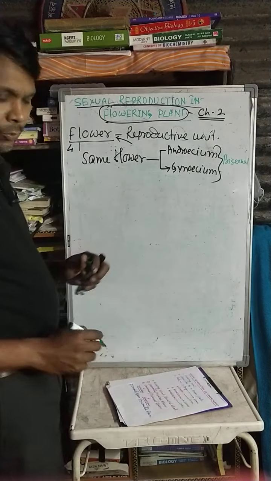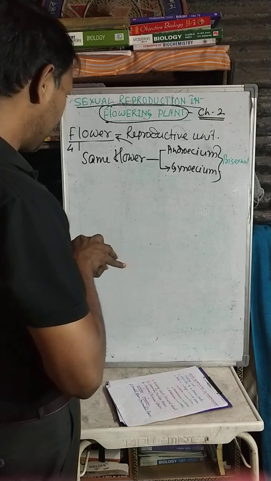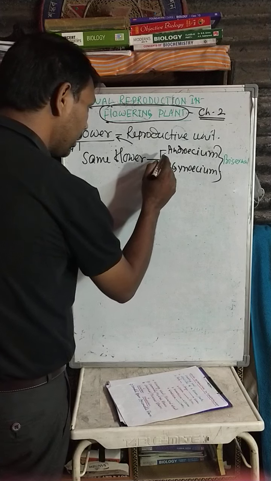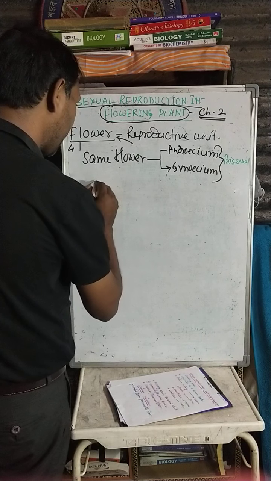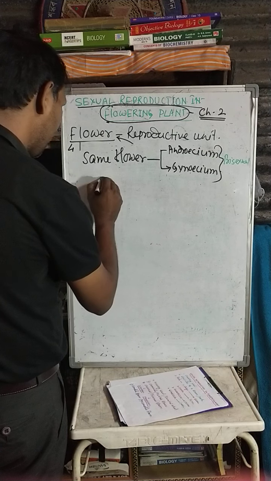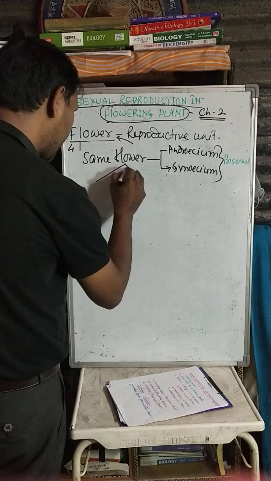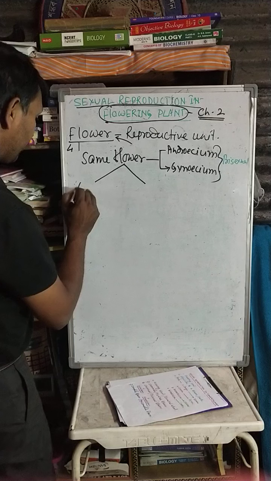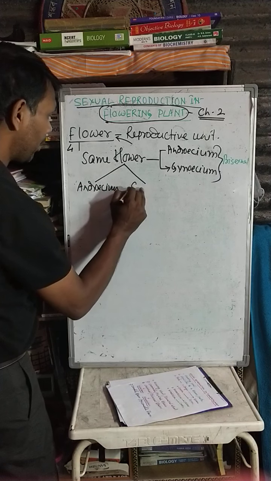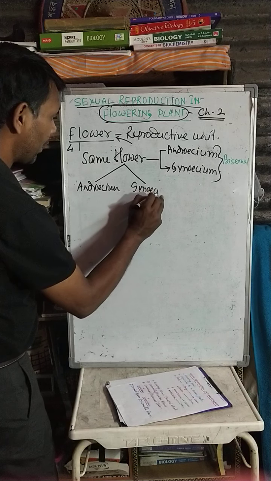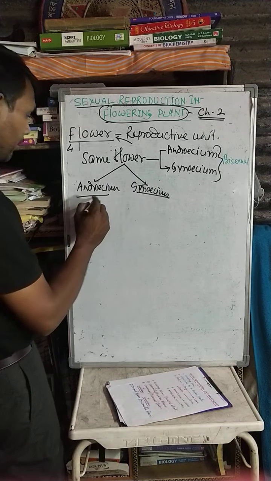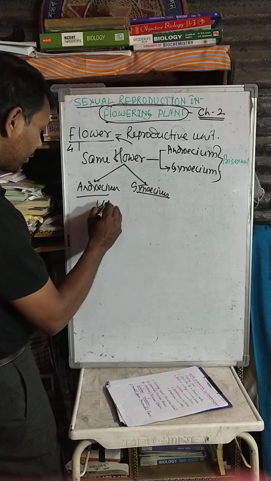Majority of flower is bisexual. And if they are present in separate flowers, if androecium and gynoecium are in separate flowers, then we call it unisexual flower.